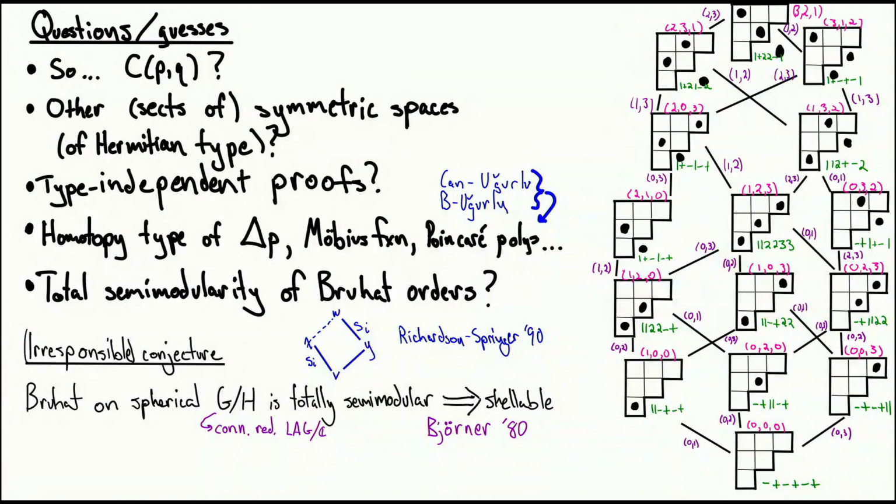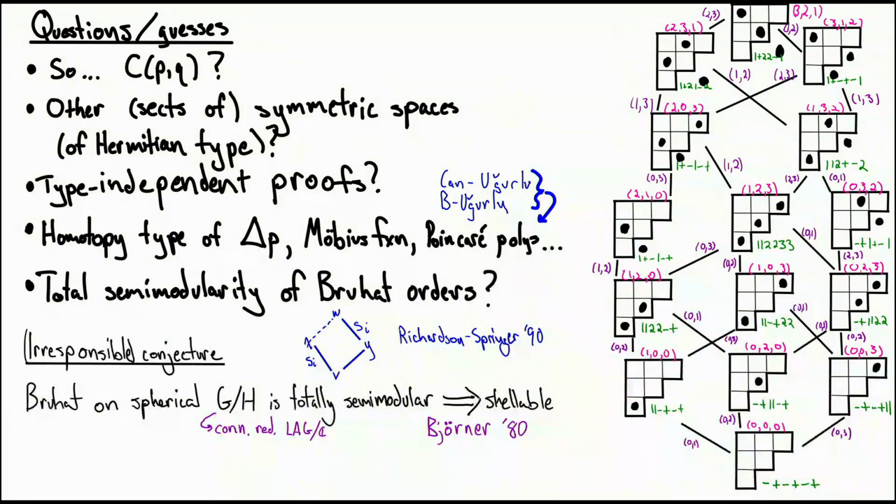But really, I feel like this is asking for type-independent proofs. I think there's a reason that all of these symmetric spaces should have shellable Bruhat orders. And I couldn't find this about the usual Bruhat order on Weyl groups, but there's this property called total semi-modularity that seems like it should apply. And I think if you were going to do a type-independent proof, this might be the thing to do.